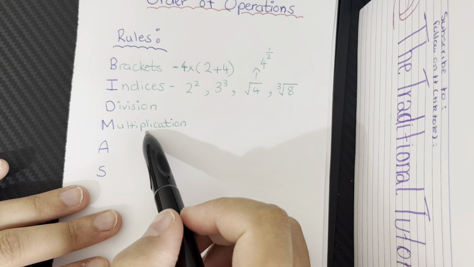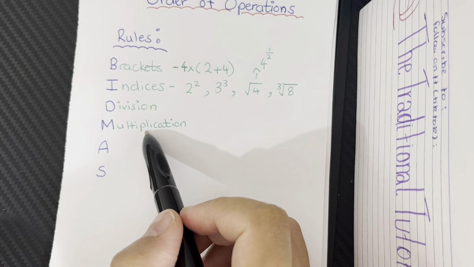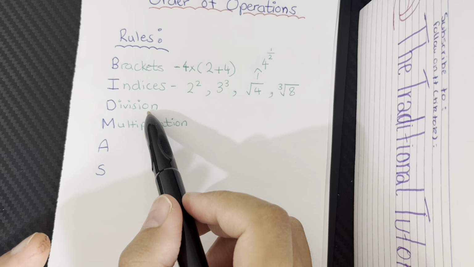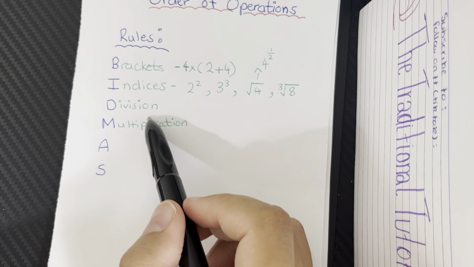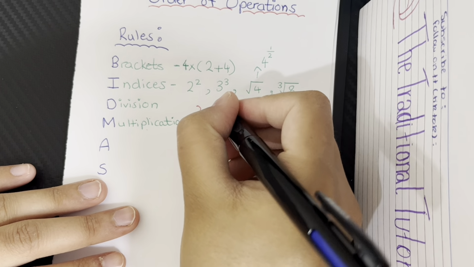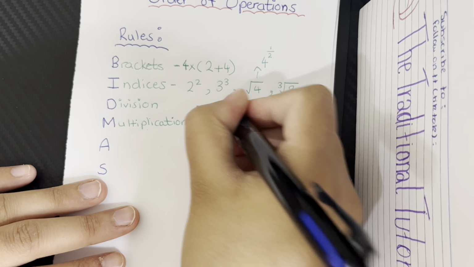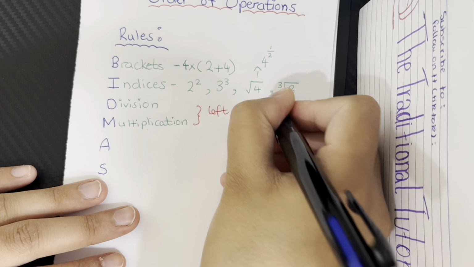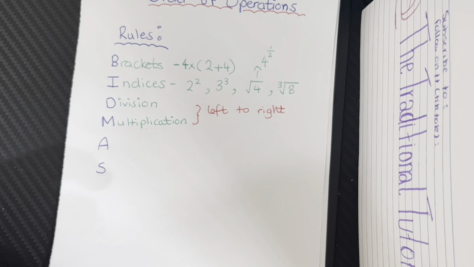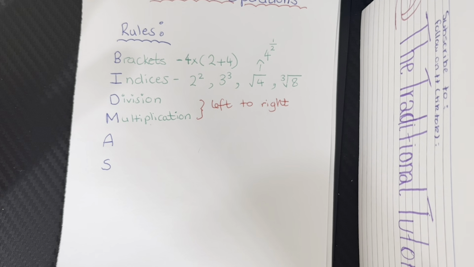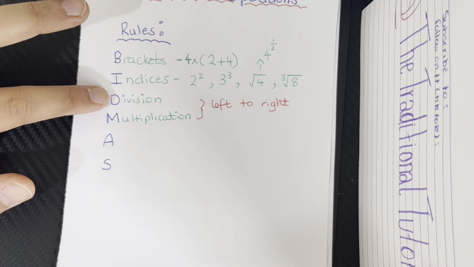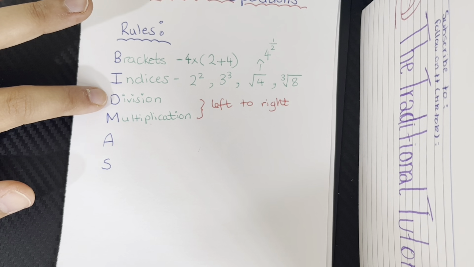So if multiplication comes first, you solve the multiplication part first and then look at the division, and vice versa. An easier way to think about it is, you do it from left to right. Whichever operation comes first has priority in the question. It's not just because the D's first that we're going to do division first always.